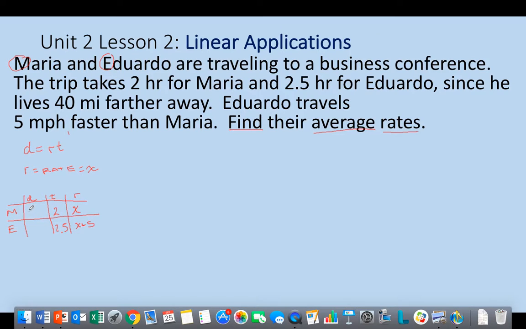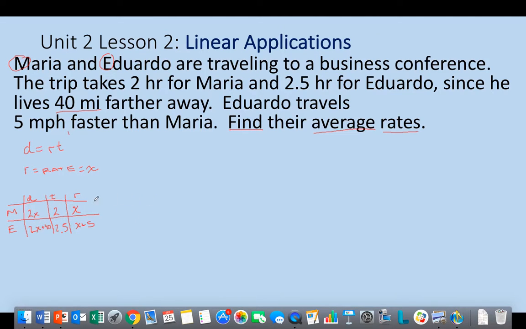So Maria's distance is going to be 2 times x. And, well, since they're going to the same place, I know that Eduardo's distance is going to be the same as Maria's, 2x. But it does say that Eduardo lives 40 miles farther away. So he's going to travel another 40 miles.